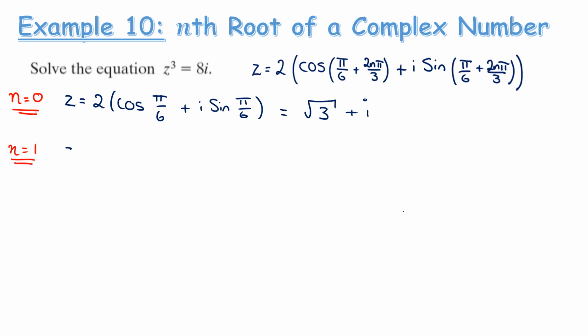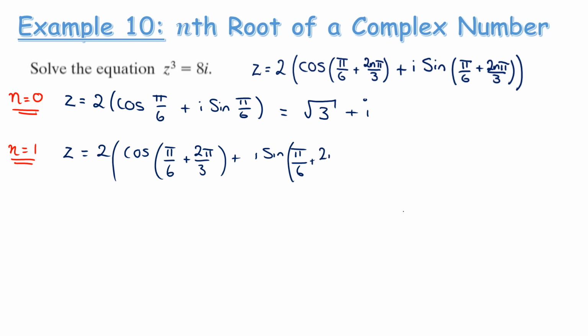So then the second answer we're going to have is 2 cos of, now we have a little bit of work to do here, pi over 6 plus 2 pi over 3, plus i sine of the same angle, pi over 6 plus 2 pi over 3.